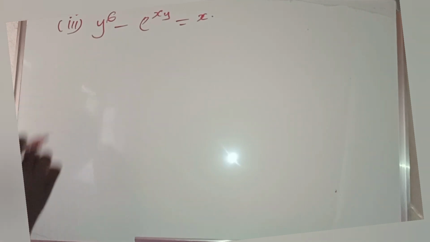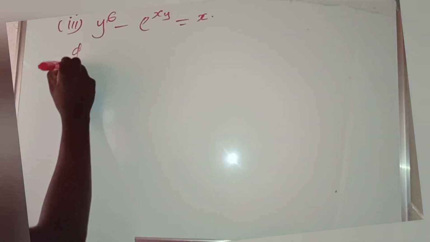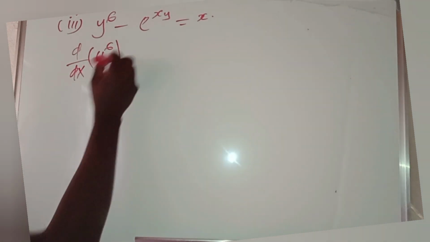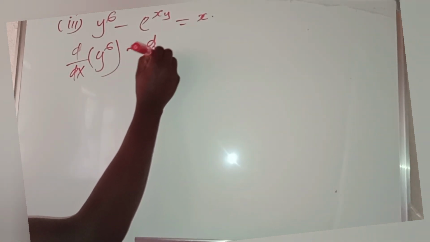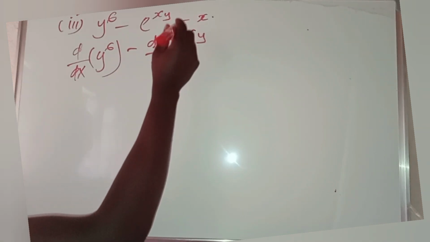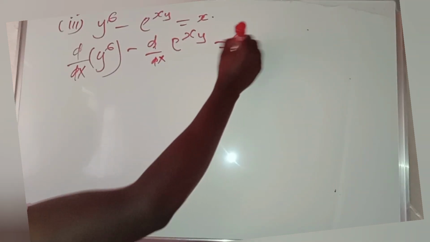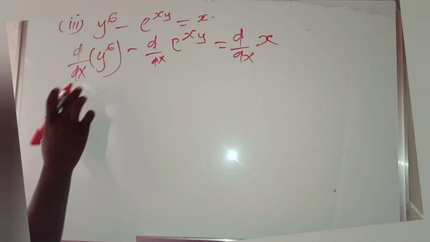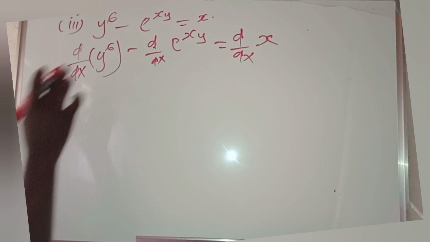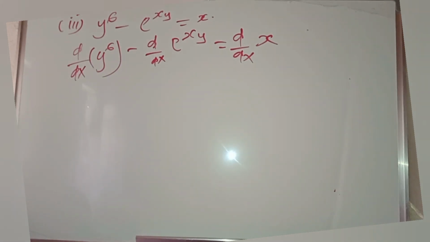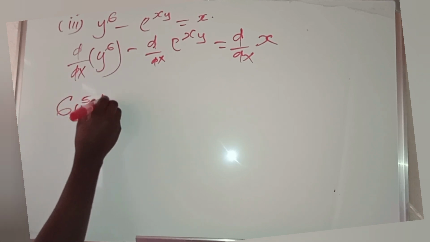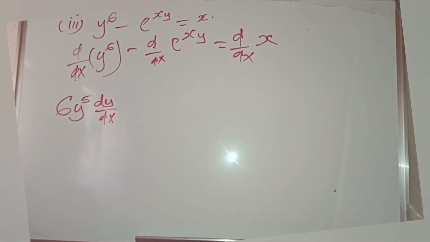Because this is an implicit equation, the derivative of y raised to the power 6 minus the derivative of exponential xy is equal to the derivative of x. So the derivative of y raised to the power 6 is 6 y raised to the power 5 dy dx, minus the derivative of this.